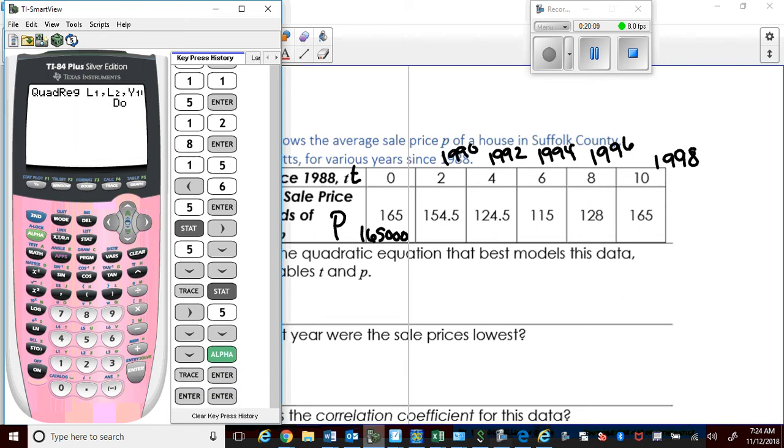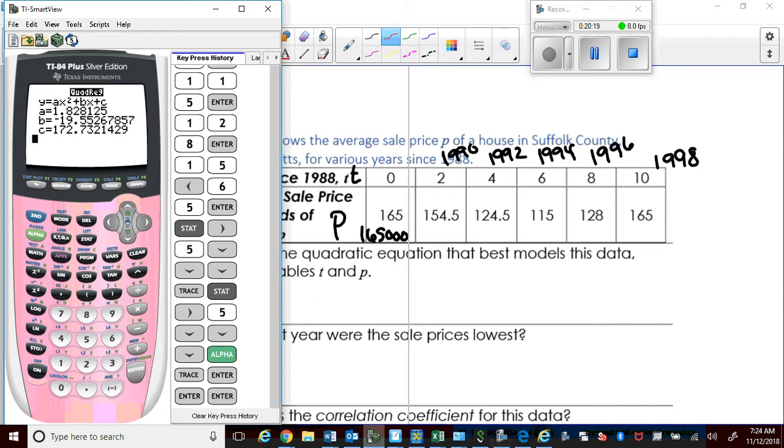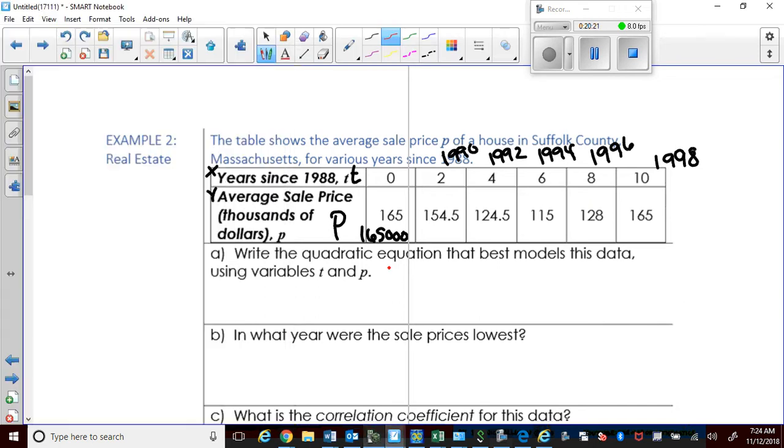And now I just calculate. And my equation is 7.83, negative 13.55. Okay, so y equals 1.83 x squared negative 19.55 times x plus 170.